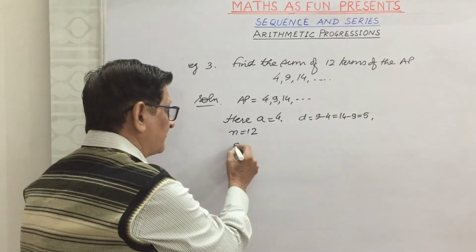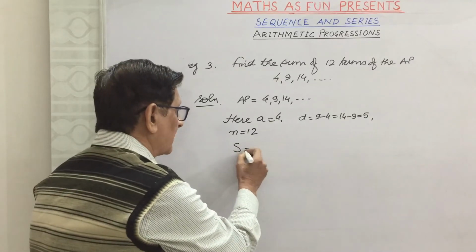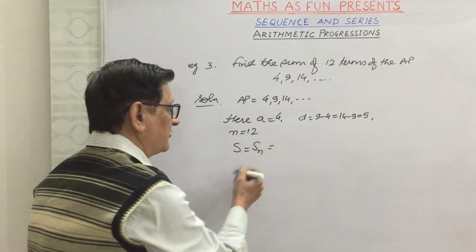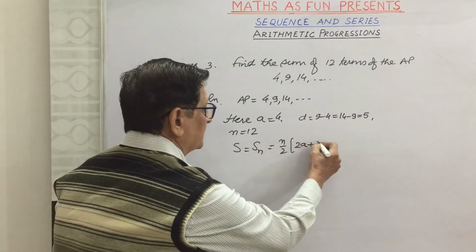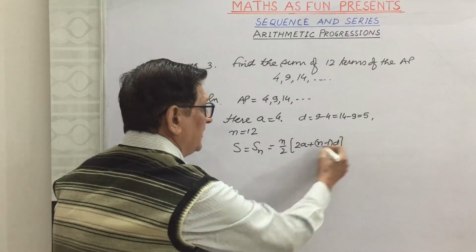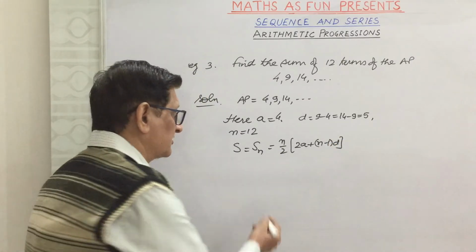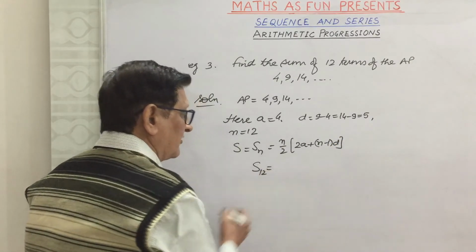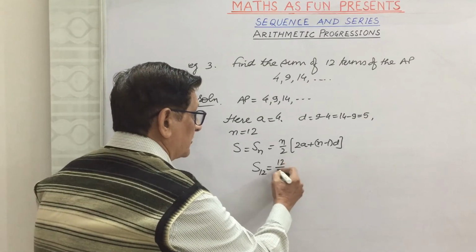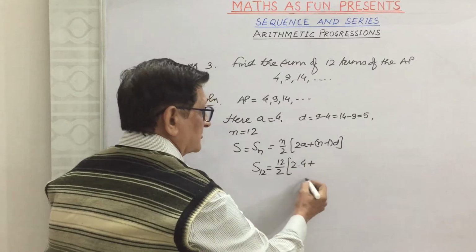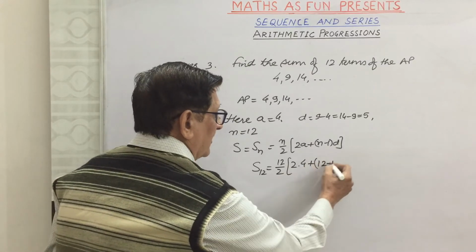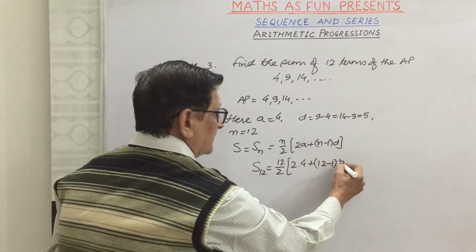Now we know the formula of the sum of n terms. We can also write this as Sn. Sn means sum of n terms, that is n by 2 into 2a plus n minus 1 into d. Therefore, the sum of 12 terms, S12, will be 12 upon 2 into 2a, a means 4, plus n minus 1, n means 12, 12 minus 1, into d, that is 5.